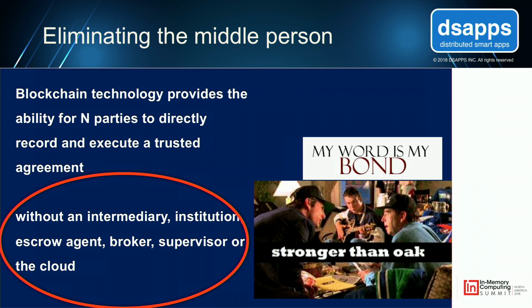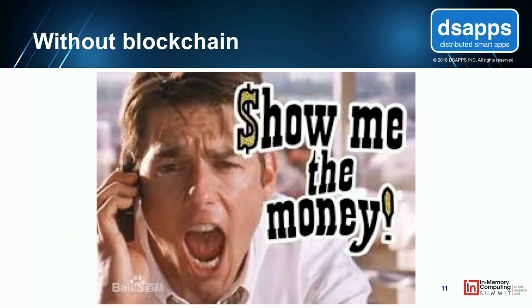The whole idea of blockchain technology is you are eliminating the middle person. You don't need a lawyer. You don't need anyone else. It's just between two people, right? So obviously if this thing didn't work out, you're going to say, show me the money. Basically, the contract didn't go through.